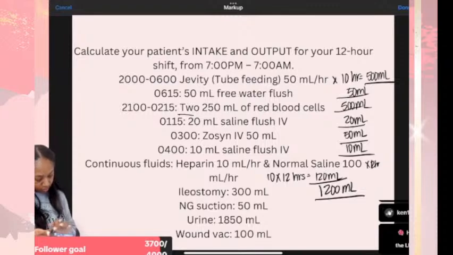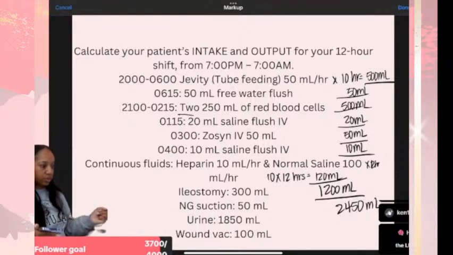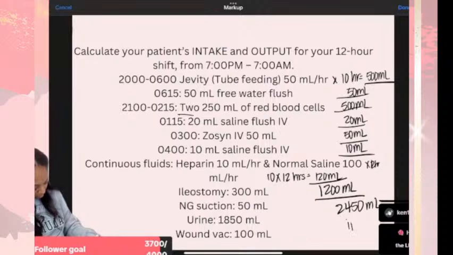500 plus 50 plus 500 more. And 20 and 50 and 10 and 120 and then 1,200. It's going to be that for your input, okay? Then for your output is everything that's coming out of the body.